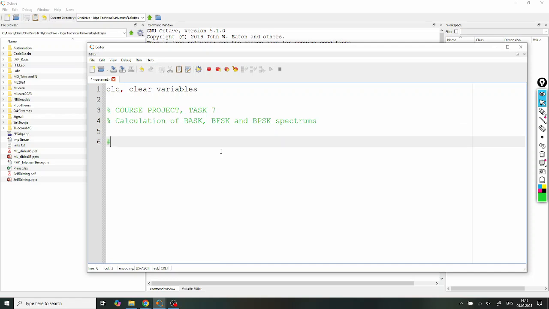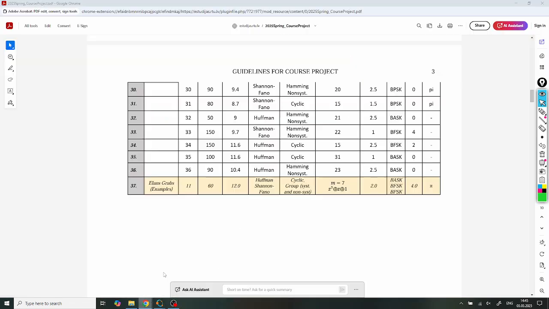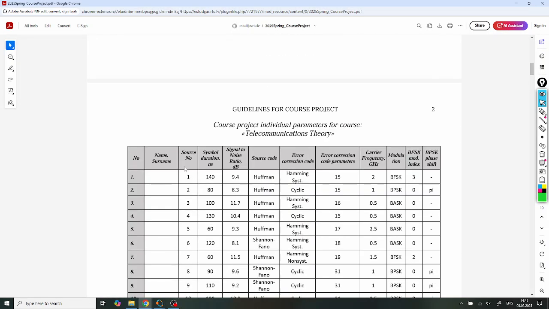First things first, initial parameters. We also need one more parameter actually. Apologize. We also need to know symbol duration, because that is affecting the spectrum bandwidth. Yes, so how wide is your spectrum in megahertz or gigahertz wise? So that is also an important parameter.